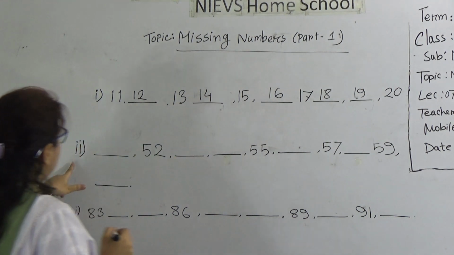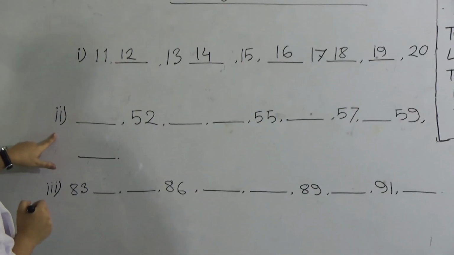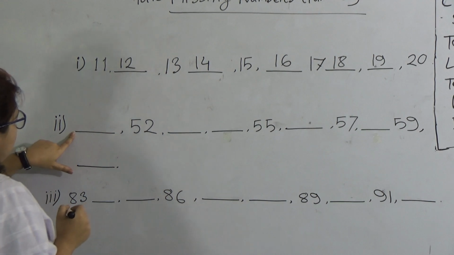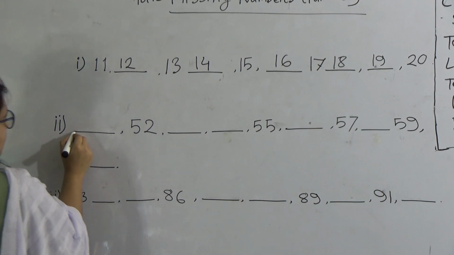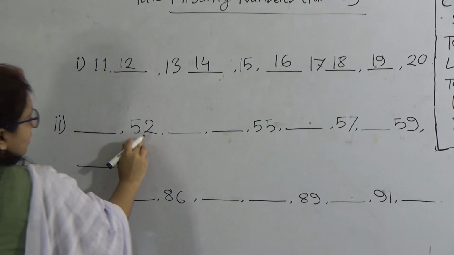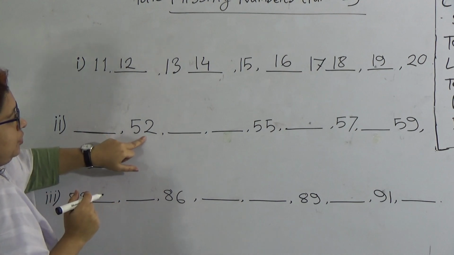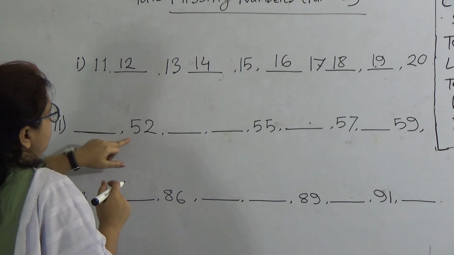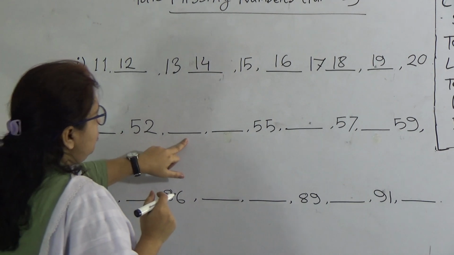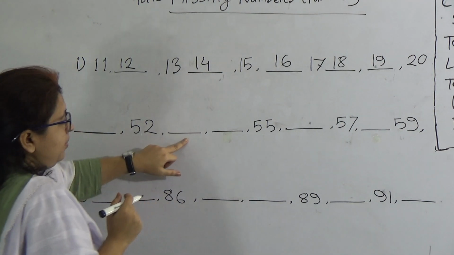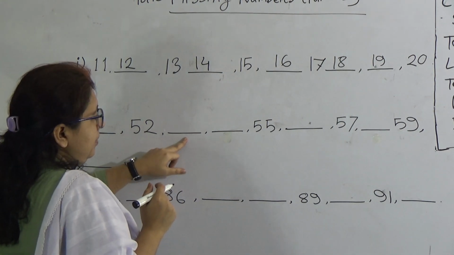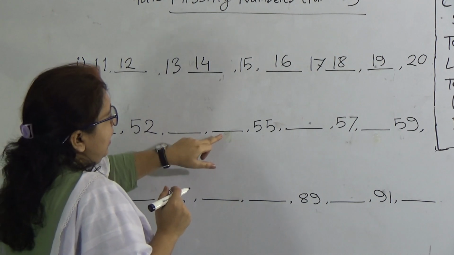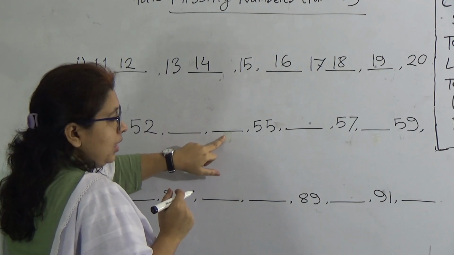Okay, now move on. Question number 2. There is no number here. Here is 52. Then there is no number here, it is a blank space. You have to identify which number goes there.